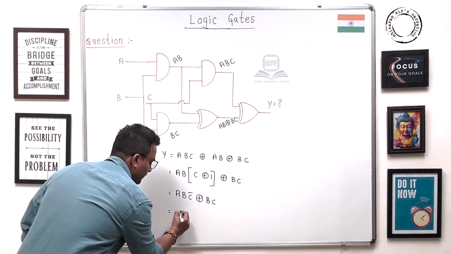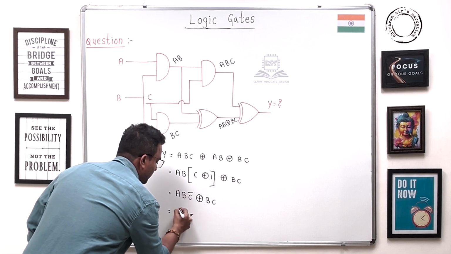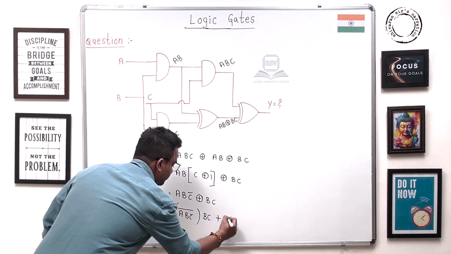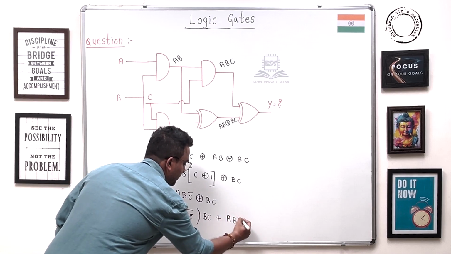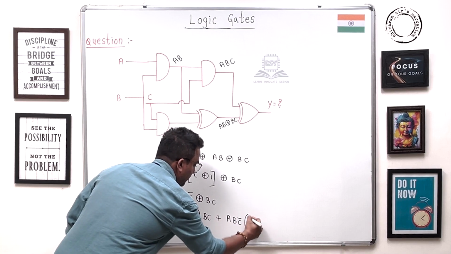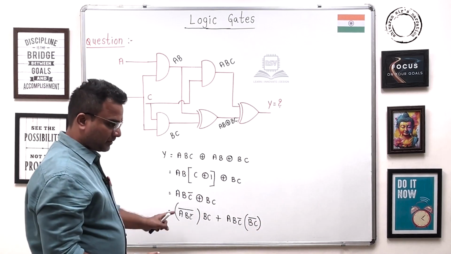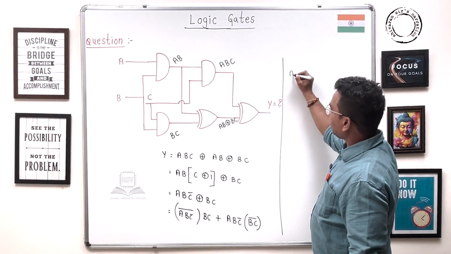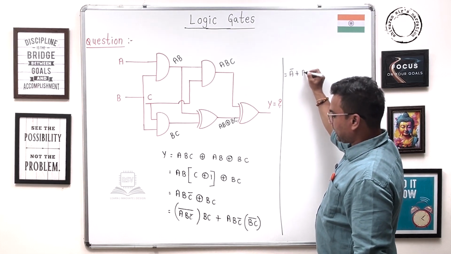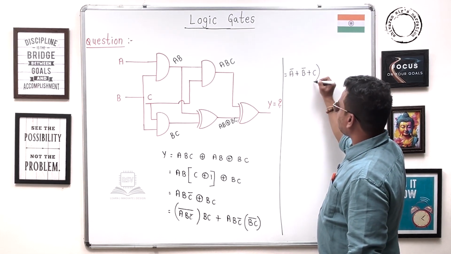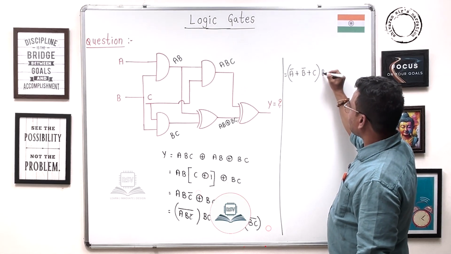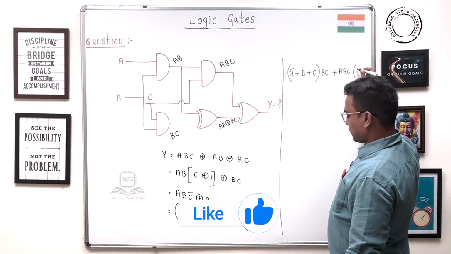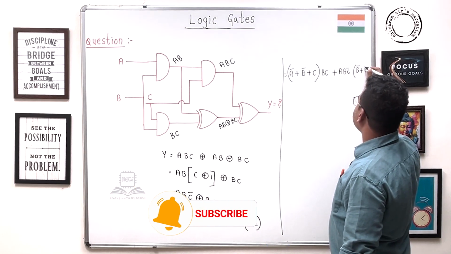Now here if you perform XOR operation, it is (ABC bar)' BC plus ABC bar (BC)'. Now when we simplify, it is (A bar plus B bar plus C) into BC plus ABC bar into (B bar plus C bar).